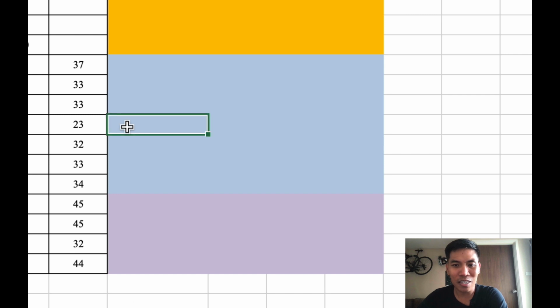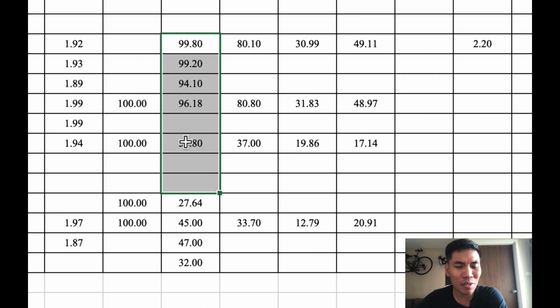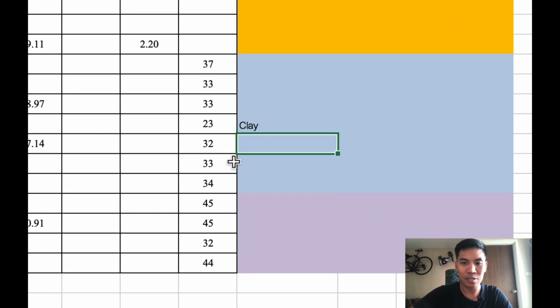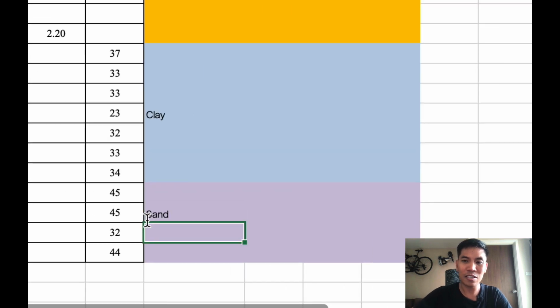So what kind of soil? From this to that is passing through number 200 more than 50%. This one 56 is still more than that, so this one should be gray. And the rest, the passing number 200 about 27, 47, 32. So this one should be sand. Is it clear?